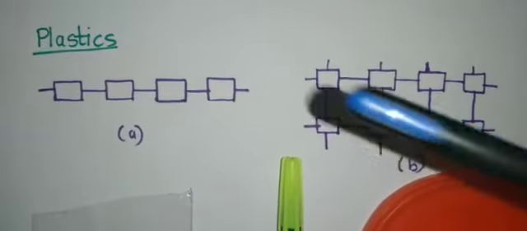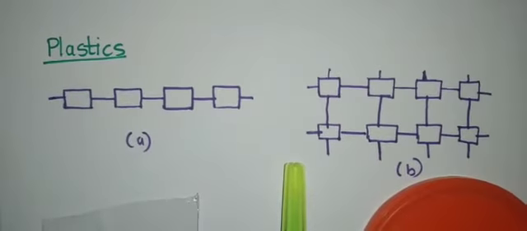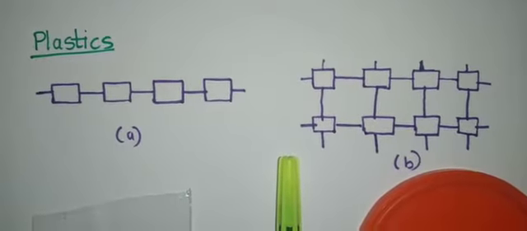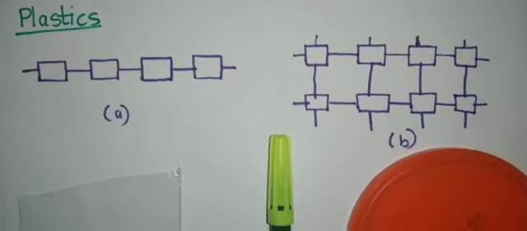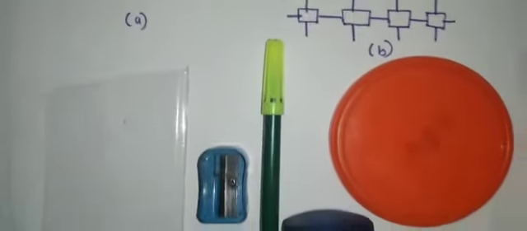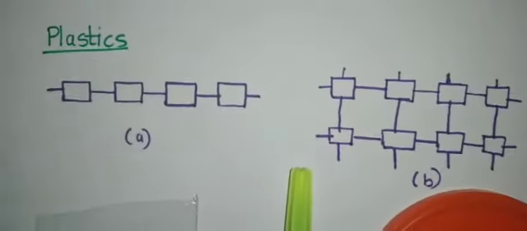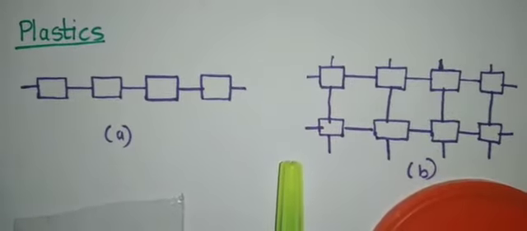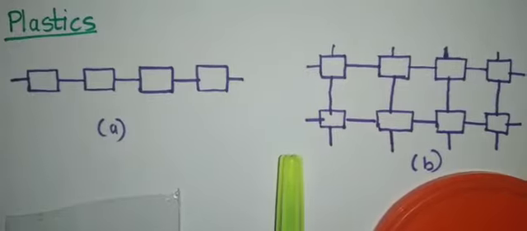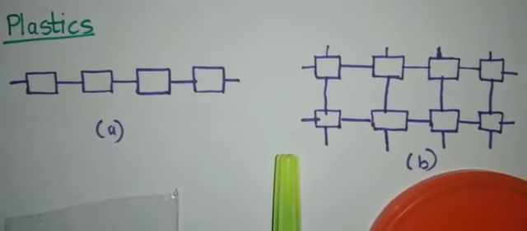The next topic is plastics. Plastic is also a polymer like synthetic fibers. You might know about plastic, which we use in our day-to-day life, right? It is a polymer like a synthetic fiber, and all plastics do not have the same arrangement of units.